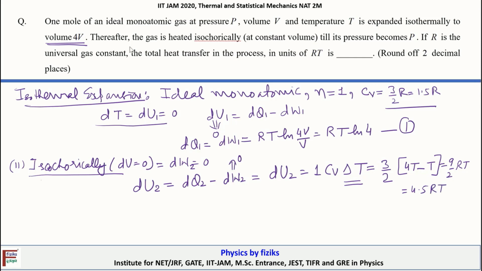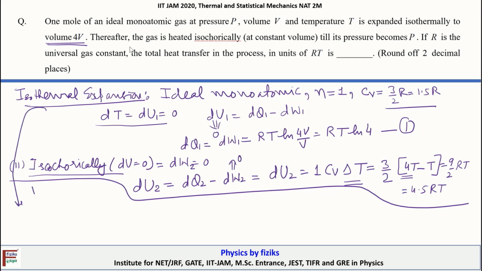Now let's try to understand why the factor of 4 came here. Let's take a look at the first step, when the process occurred isothermally and the volume changed from initial volume V to 4V. Because it's an ideal gas, it is supposed to satisfy the equation PV equal to RT.